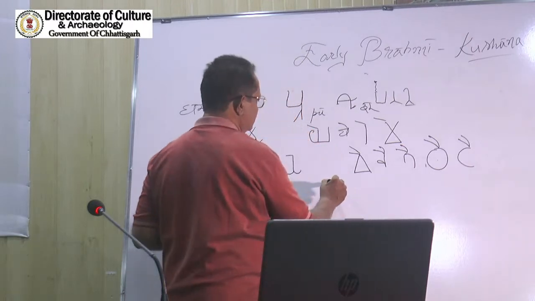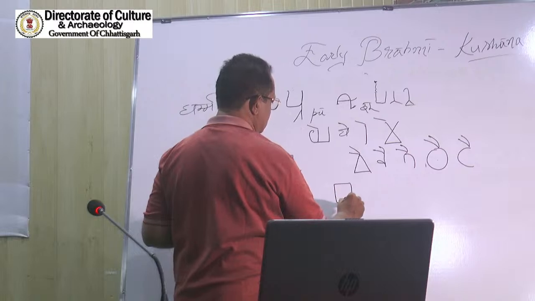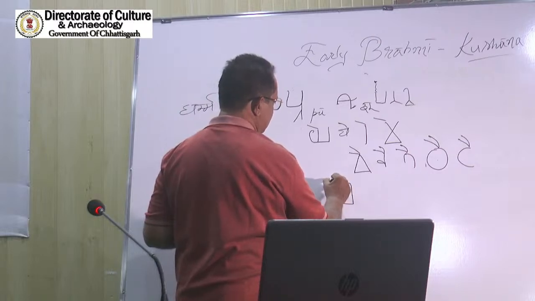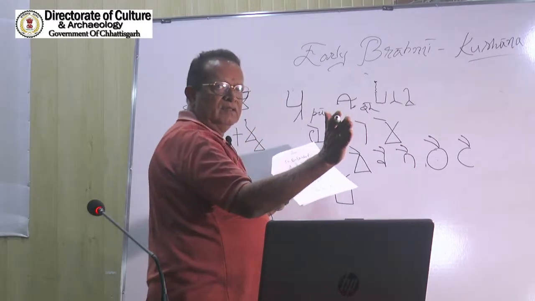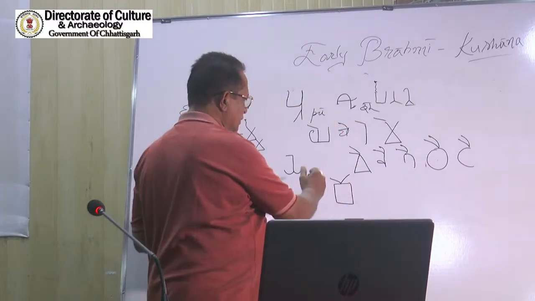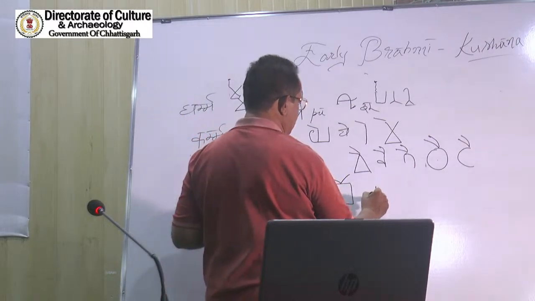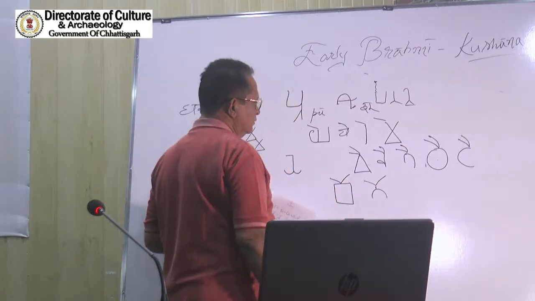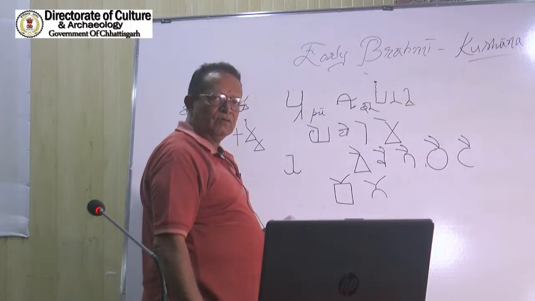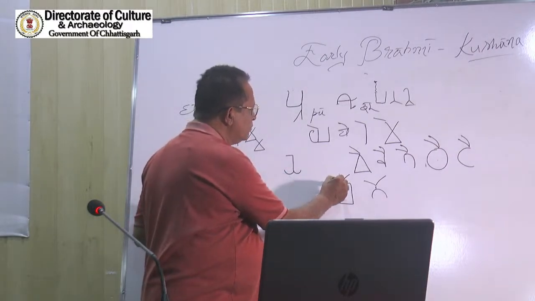O sign. Suppose ba you are writing like this, one sign goes like this, the other sign goes in a different direction. It's not on the same side. This is bo. Suppose ta you are writing like this, like this. And the au sign, in a Sanskrit inscription, you simply add a stroke in the middle.